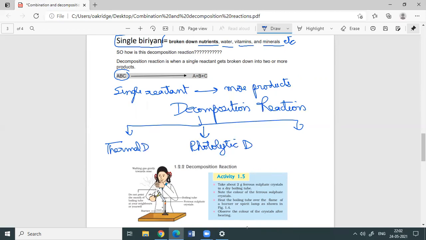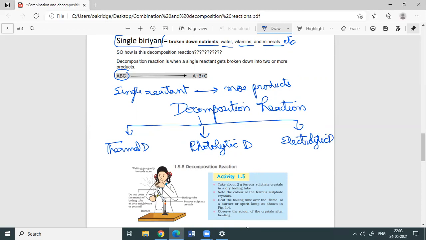And the last one is electrolytic decomposition. It's a 3-mark question asked in the boards. Write the three types of decomposition reaction, or write a decomposition reaction which takes place in presence of heat, in presence of sunlight, or in presence of electricity. In that form they can ask questions.